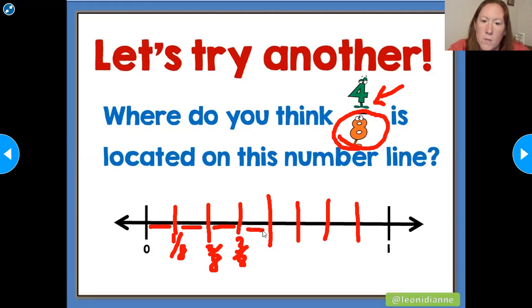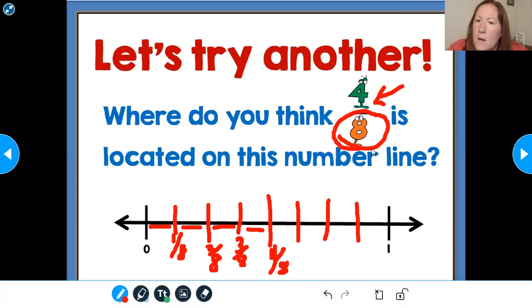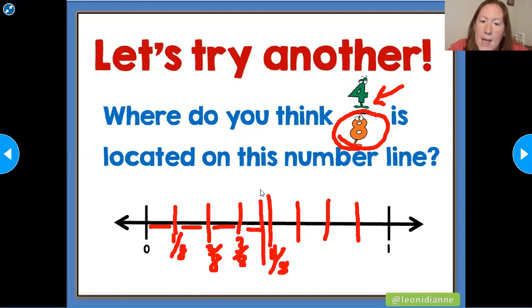Plus 1 more space would be 4/8. Do I need to keep going? I'm looking for 4/8. I've counted 1 space, 2 space, 3 space, 4 space, and I have it labeled 4/8.